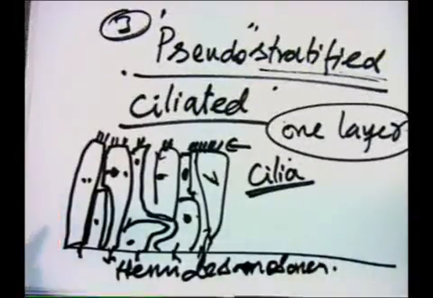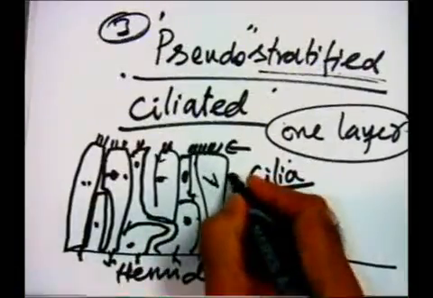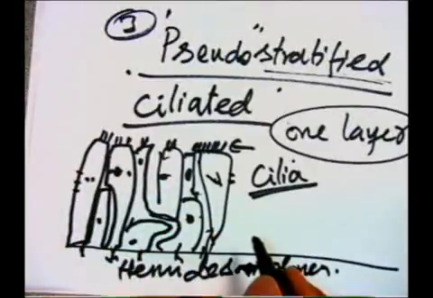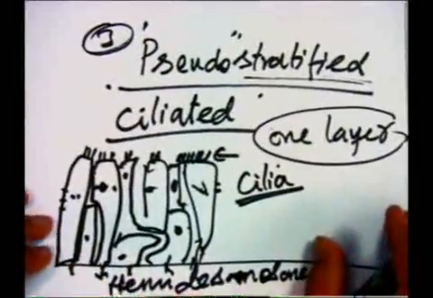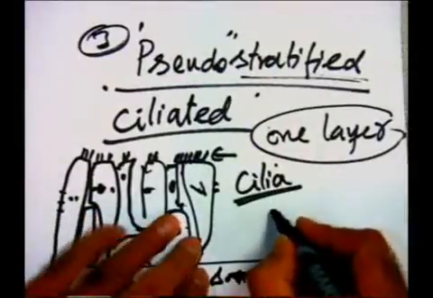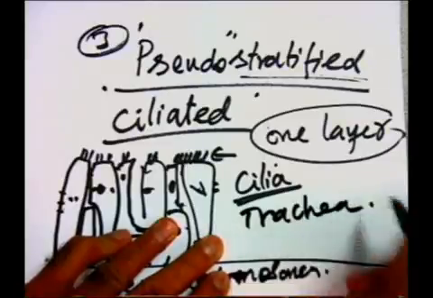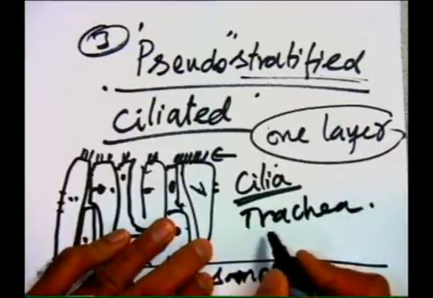I'm writing again and again, so please don't worry about it. And then the lateral surface again has the zonula occludens. Where do you find this ciliated pseudostratified epithelium? You find it in the respiratory passage, the trachea.